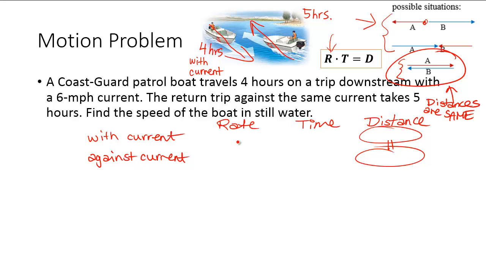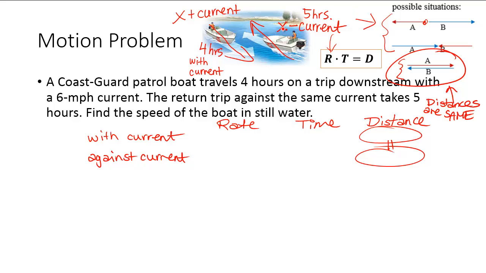So let's go back to the rate. Now remember, for rate, you've got still speed and current speed. When you're moving with the current, you've got your predominant speed plus the current. But if you're going against the current, you've got your predominant speed minus the current because it's slowing you down.